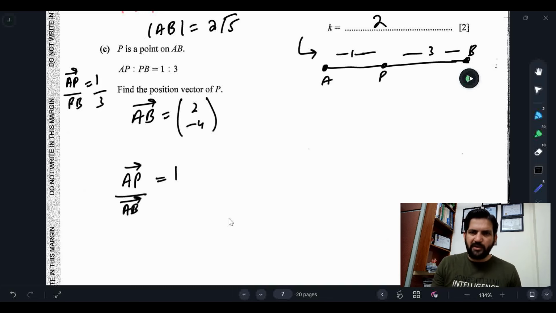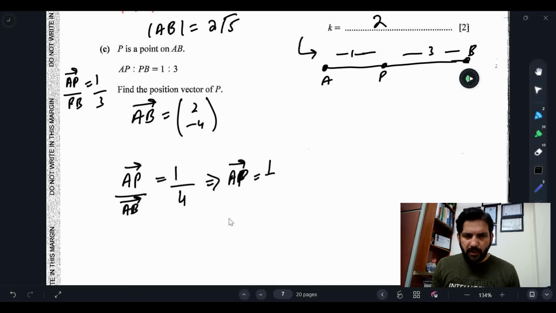We know from this line the ratio of AP and AB. If AP is 1, AB will be 4. If the distance of A to P is 1, then A to B will be 4. Now if we rearrange it, AP will be equal to 1 by 4 into AB.